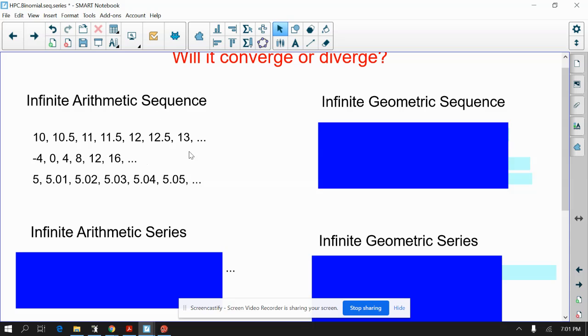So the sequence, if I were to go out to the infinite term, like just keep on writing the sequence, hundreds and hundreds of terms into the future, will I eventually start writing the same number over and over again? Or will I keep on writing a bigger number or a smaller number? And with all of these, the number keeps on getting bigger. So all of these diverge.